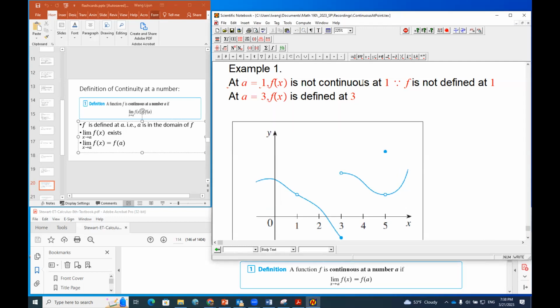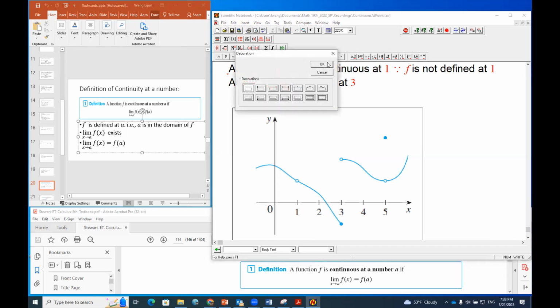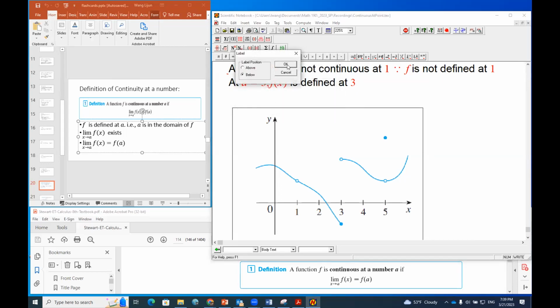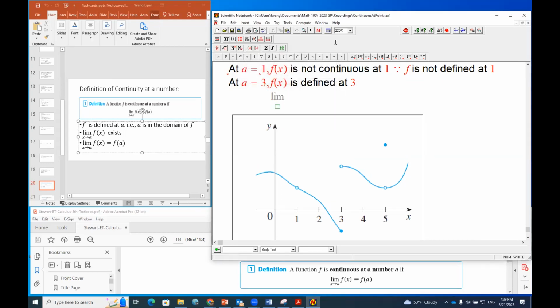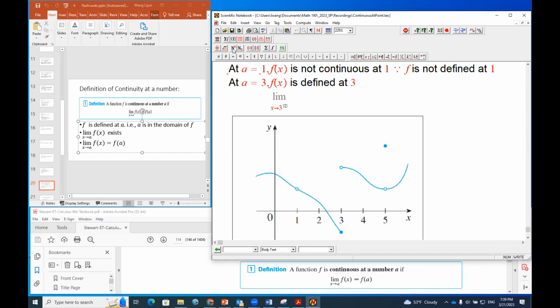Second condition, however: you can see the limit from the left. We want to use the proper notation. So the limit of the function when x is approaching 3 from smaller than 3, f of x, is not the same as the limit approaching 3 from greater than 3.